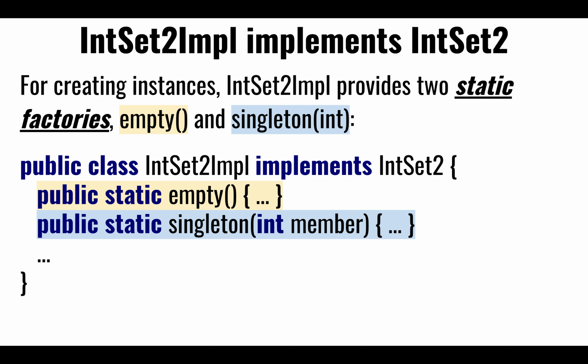Also, this second interface has an impl, right? That implements this interface. It doesn't have a constructor. Instead, it has a couple of factory methods that return an instance of this interface. One which is empty, which has no elements, and the other one that has this individual integer, right?